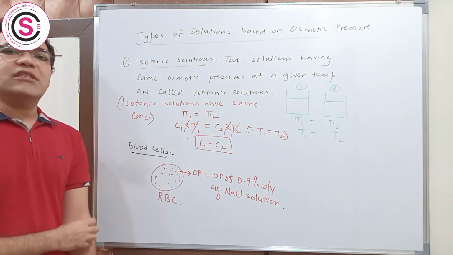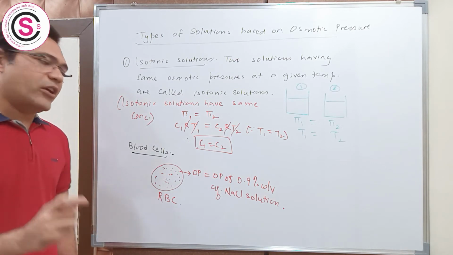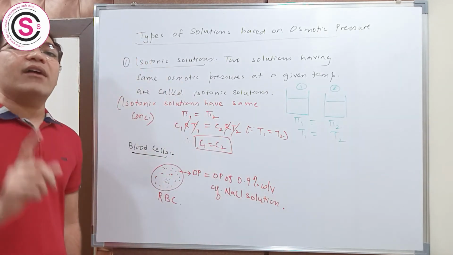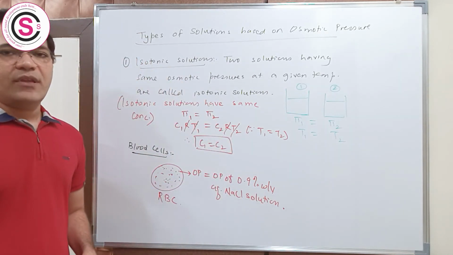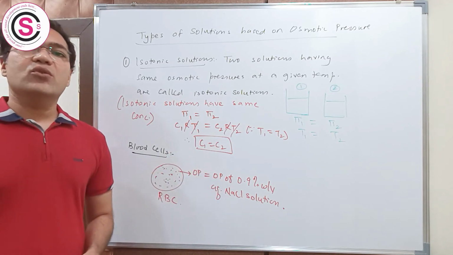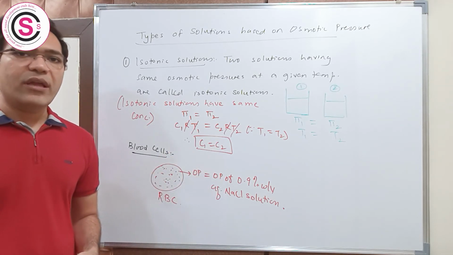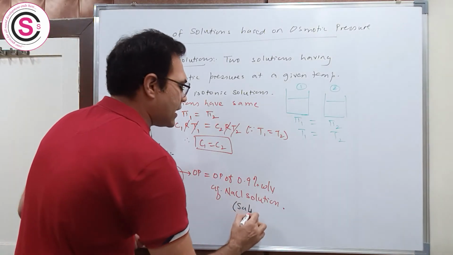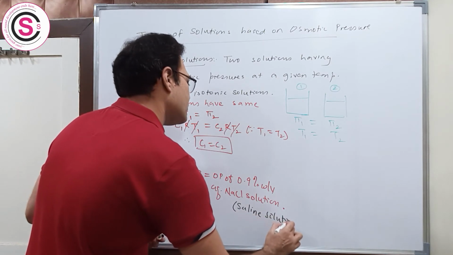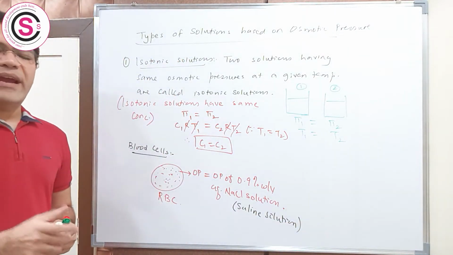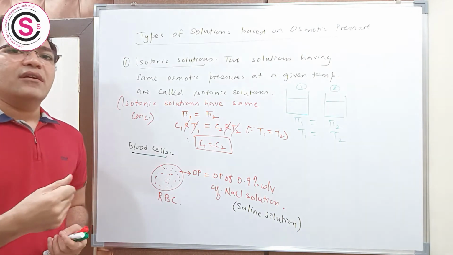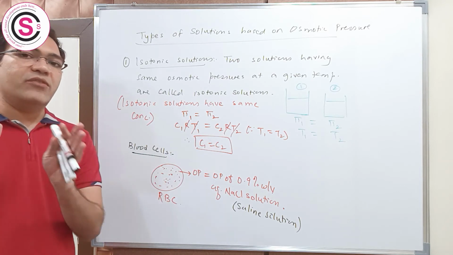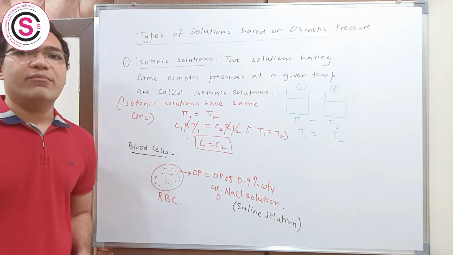So the solution which is filled in the blood cell will have osmotic pressure exactly equal to the osmotic pressure of 0.9% weight by volume aqueous NaCl solution. Correct? Now this thing, students, is used in making injections. This 0.9% weight by volume aqueous NaCl solution is known as saline solution. You might have seen, right? You might have seen they inject saline directly into the blood, because in doing so it will not cause any problem. It will not create any problem because it will have osmotic pressure equal to that of the blood cells.